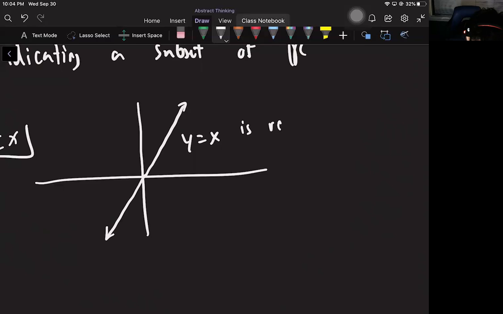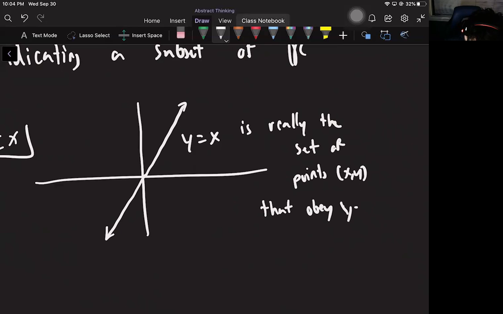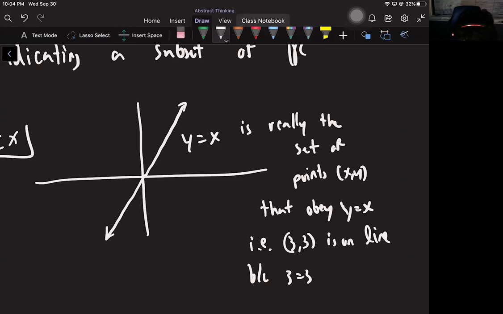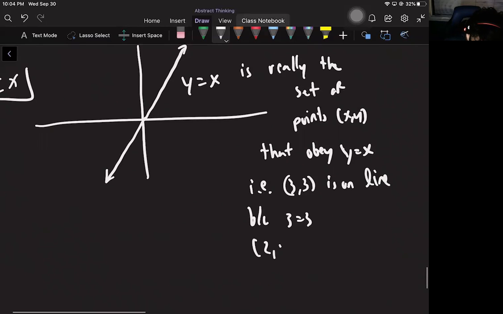It's really the set of points x comma y that obey this relationship that y equals x. So for example, 3 comma 3 is on this line because 3 equals 3. But like 2 comma 5 is not on the line because 2 does not equal 5.